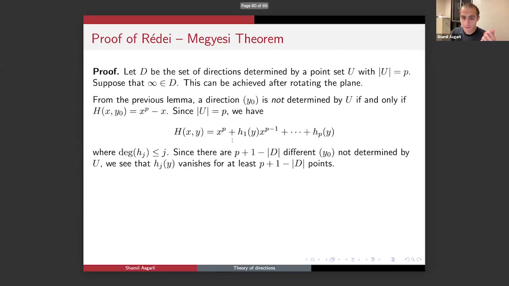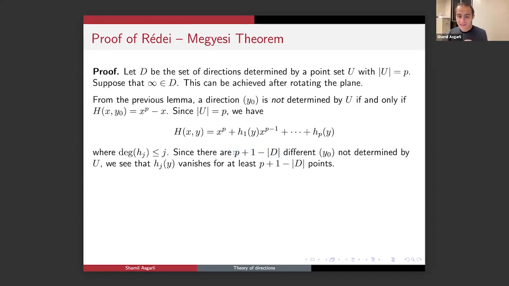We're also assuming that infinity is in D. That means the remaining directions, p plus 1 minus the size of D, can be identified by elements of F_q, because they cannot be the infinity direction. By definition, there are this many directions not determined by U.